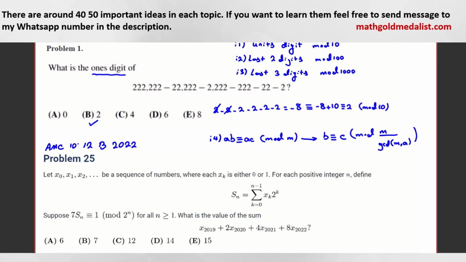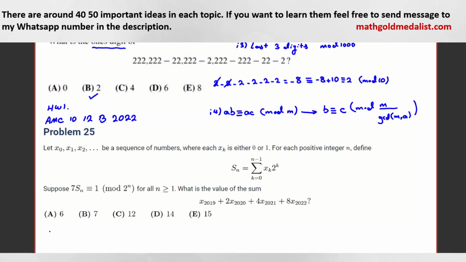Okay, you can have these 4 ideas and you can try this one as homework 1. If you wanted, I can tell you another problem I released in my previous videos, an AIME problem, which is a bit harder than this, but then you will get good at modular arithmetic.